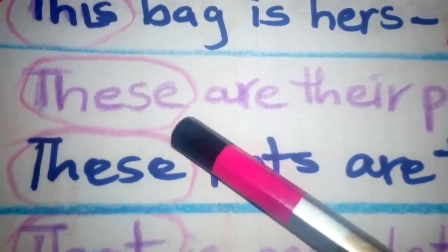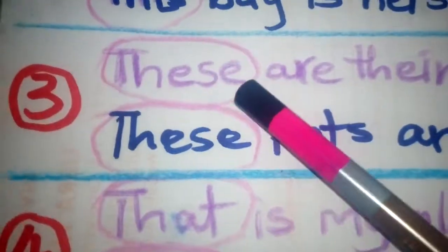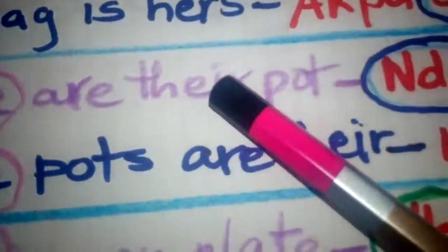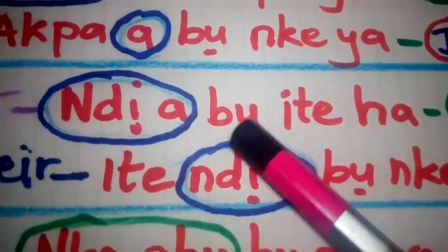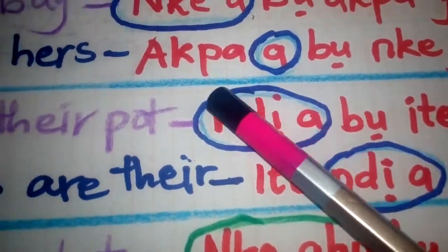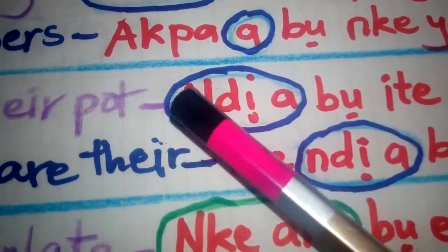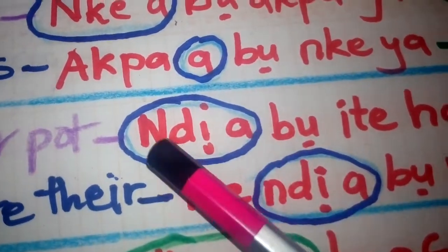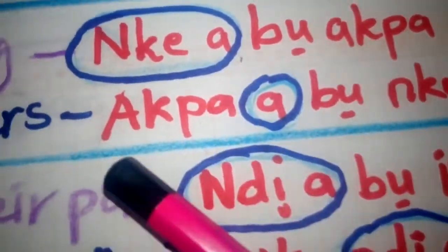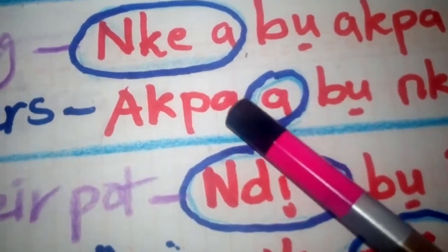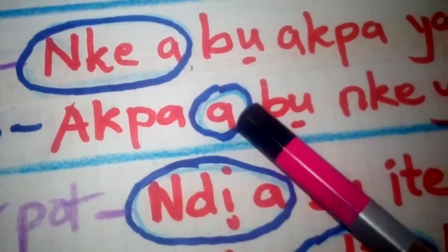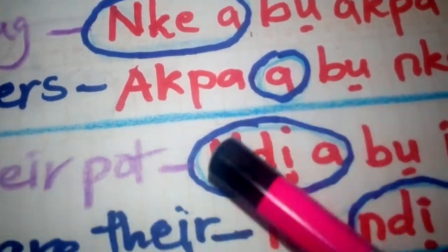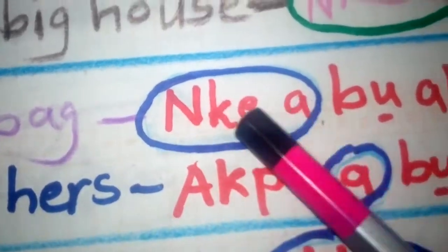The same thing here. These are their pot. Remember, bo is a linking verb. Ndia bo. When it comes at the beginning, you don't remove it; you must put ndia or nka. But if it's in the middle, like aba nka, you can say abanka, or you can remove nka. But you cannot do that when it starts a sentence.